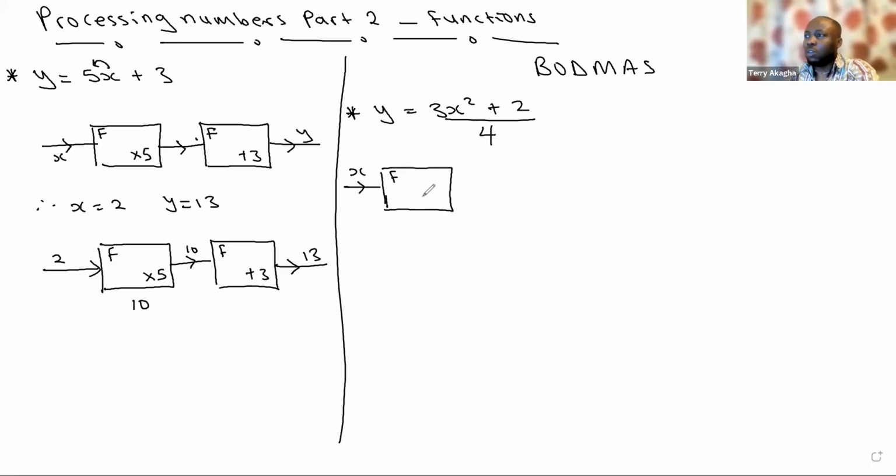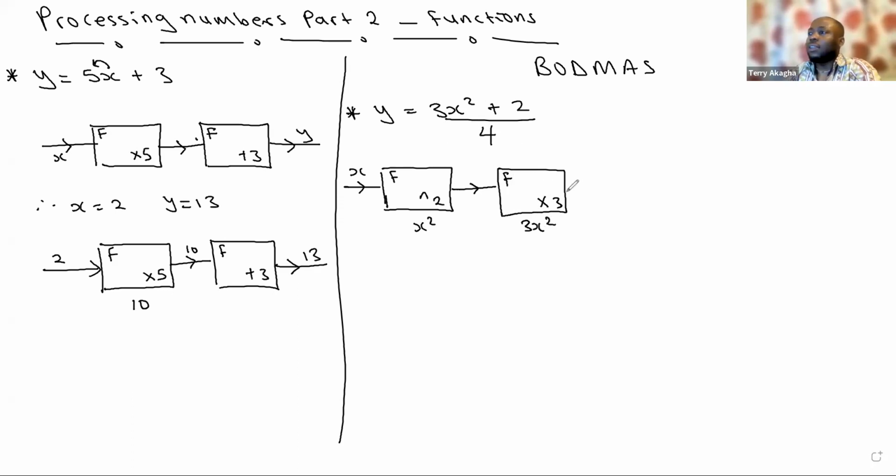So we raise it to the power 2, and that will give us x squared. Does that make sense? Then the x squared we have will become the input for the next function. What we do to it is multiply it by 3, and that will give us 3x squared. Can you see?